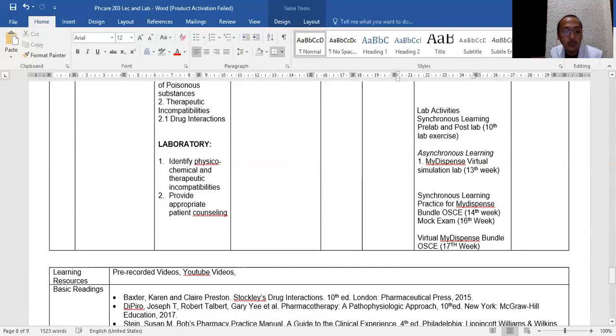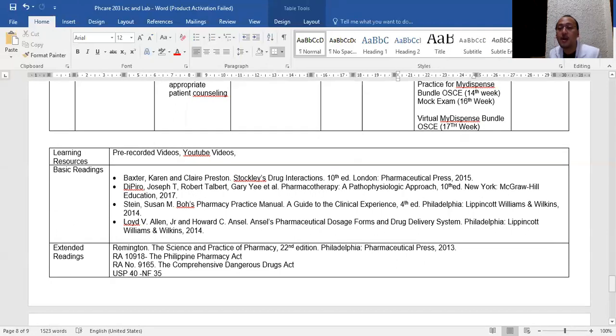So this would be our basic reading. You'll also get in touch with Stockley drug interactions, pharmacotherapy, guide to clinical experience. Dispensing will be a new horizon for all of us to tackle with clinical practice in a community setting and also in the hospital setting, particularly on analyzing prescriptions up to dealing with patients on their medication, side effects, medication safety, and all.